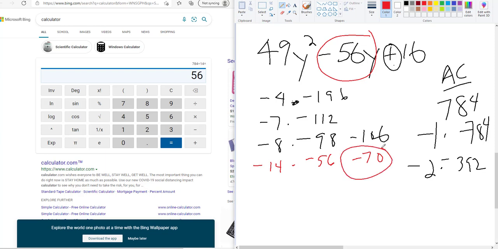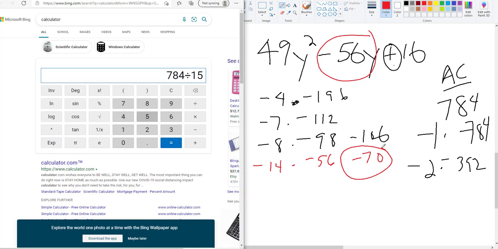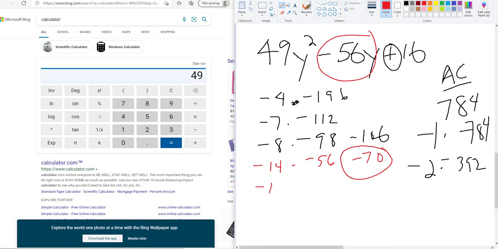I'm now at negative 70. So I'm going to go to 15. 784 divided by 15. No, 784 divided by 16. Negative 16 times negative 49. Well, 16 and 49 adds to negative 65. So look, I'm getting closer, but it's not negative 56 yet.